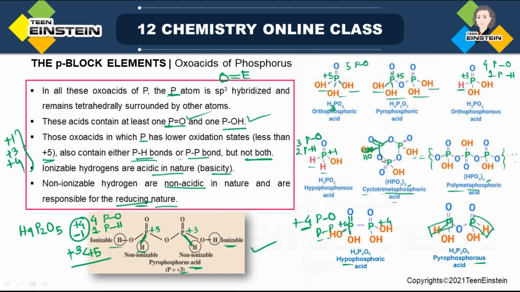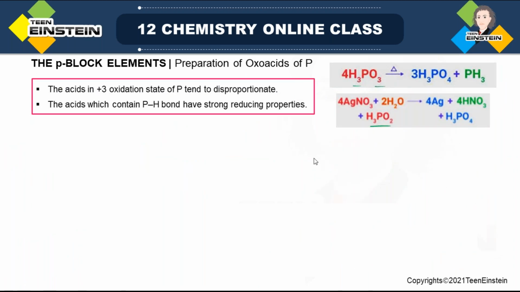H3PO3 is this one. Here you have 1 P-H bond, so you will have oxidation state +3, and it will also have some reducing nature. And in the structure H3PO2 also, the oxidation state is +1, that means lesser than +5, and you have 2 P-H bonds. Now look at this reaction.